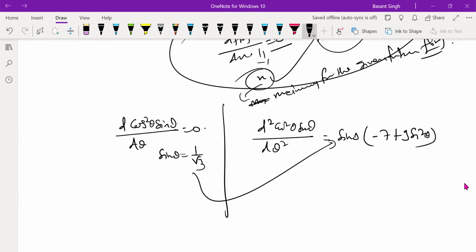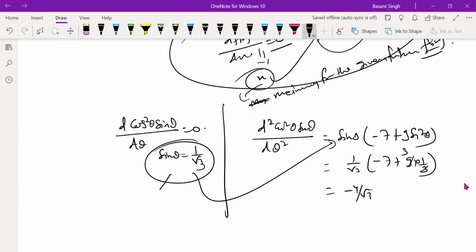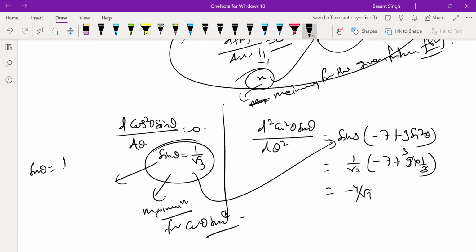And by putting this value, we get 1 by root 3 into minus 7 plus 9 times 1 by 3, and this is equal to minus 4 by root 3, which is negative, and it is clear that this gives the maximum for cos square theta sin theta. And we calculate sin theta is equal to 1 by root 3.